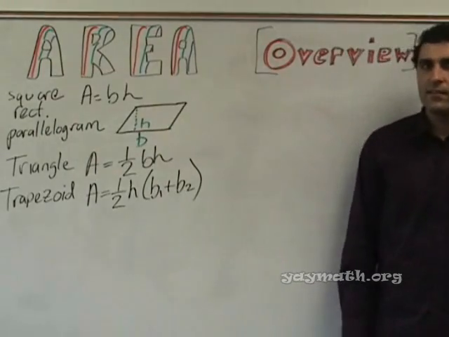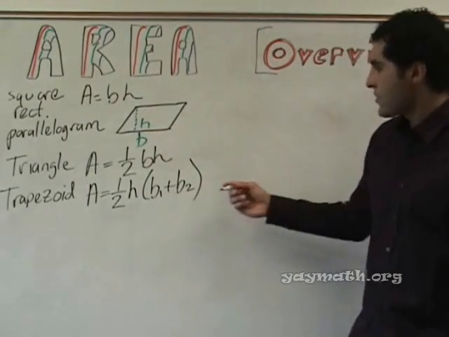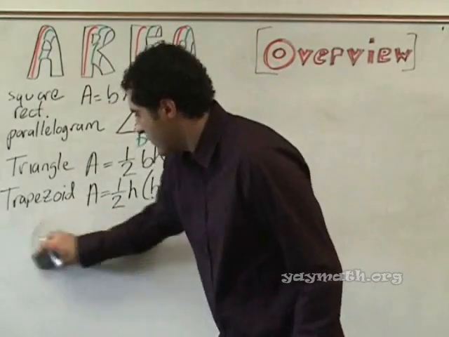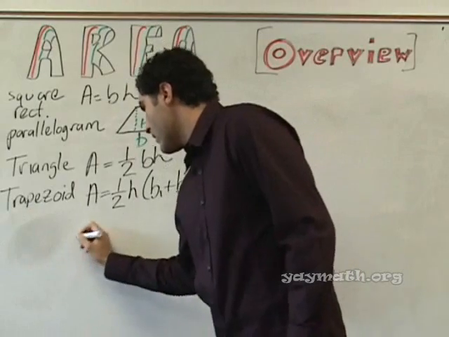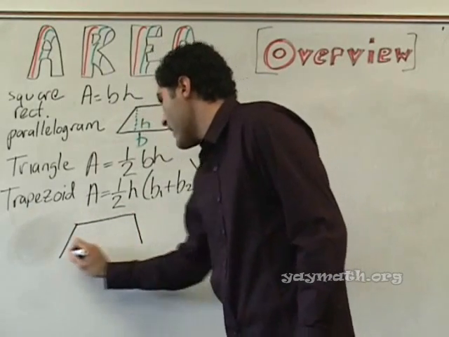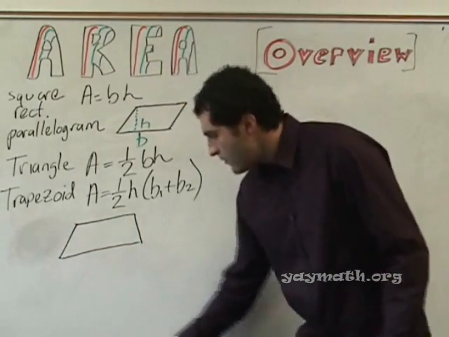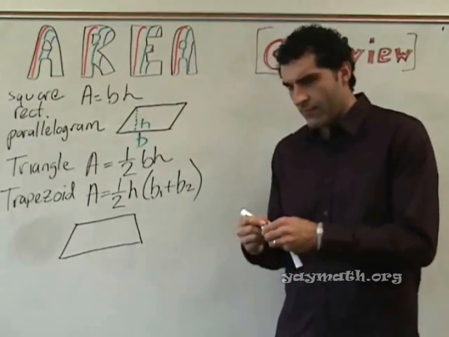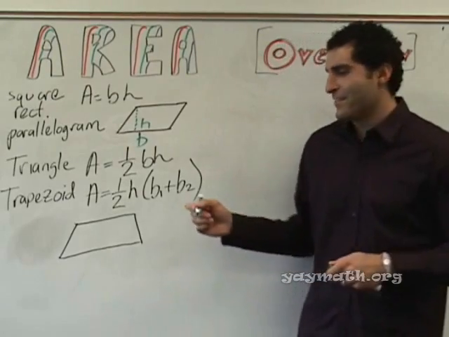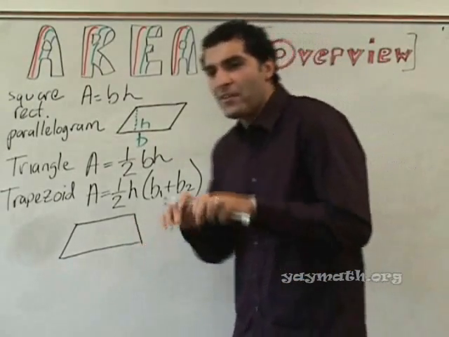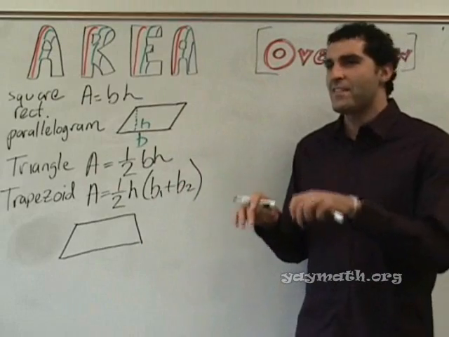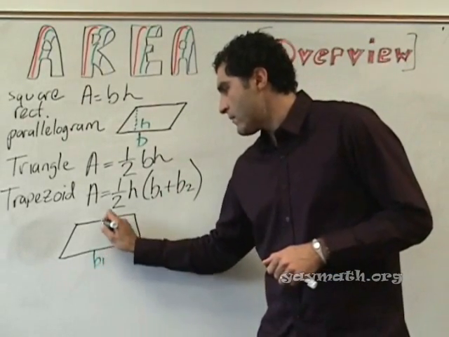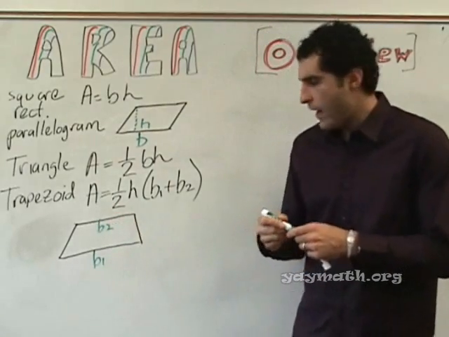All right. So let's put a little picture for this one too. Okay. There we have trapezoid. Base 1, base 2, and the height.